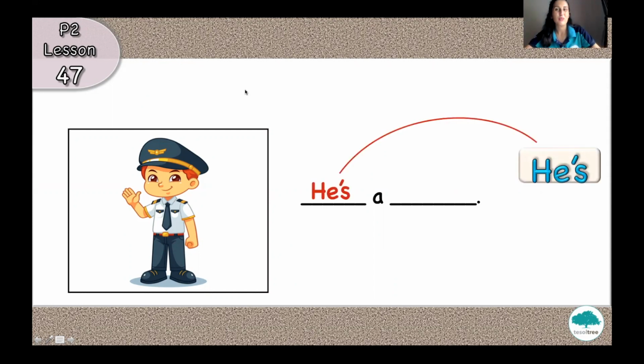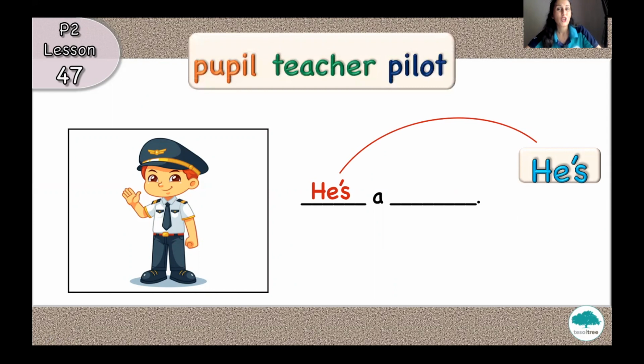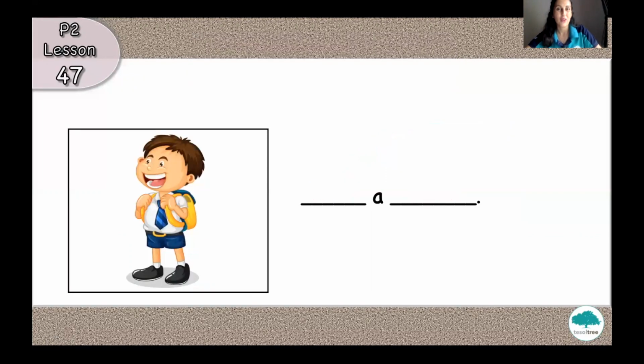Yes, very good. We use he's in the beginning of our sentence. And now we have to write his occupation. Do you remember? Pupil, teacher, or pilot? Pilot. Yes, that's correct. He's a pilot. Very good. Let's try one more.